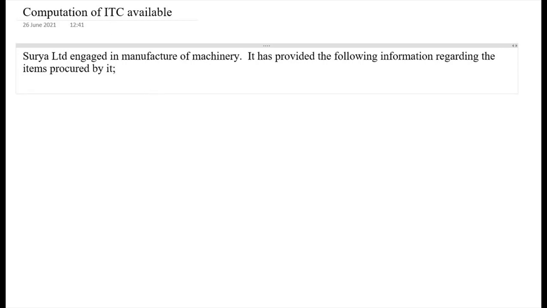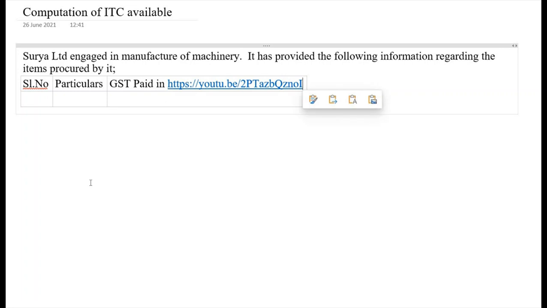It is given in the form of a table here, so let me insert a table. Serial number, then particulars, then GST paid in rupees.